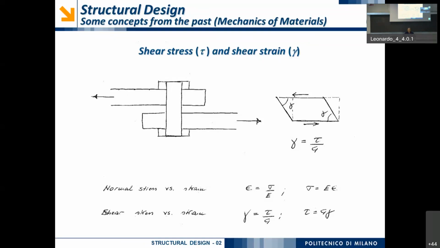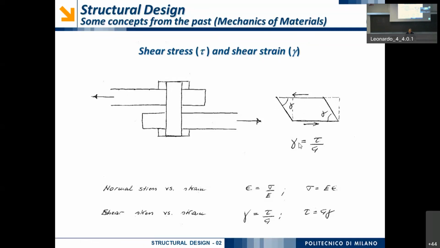But of course, we can also observe a variation of angles which before were angles of 90 degrees, okay? Because before the deformation, this was the shape of this part of the bolt, a rectangular section. After the deformation, after the shear strain occurs, these two angles are no more 90 degrees.